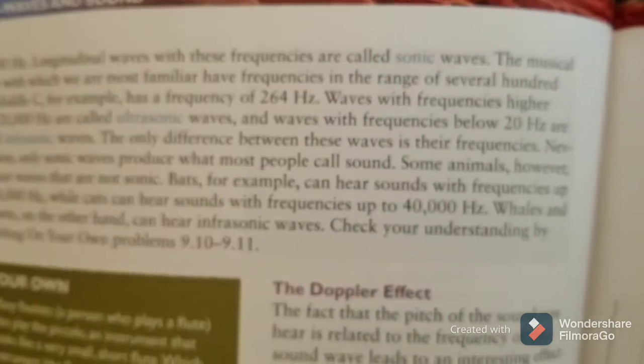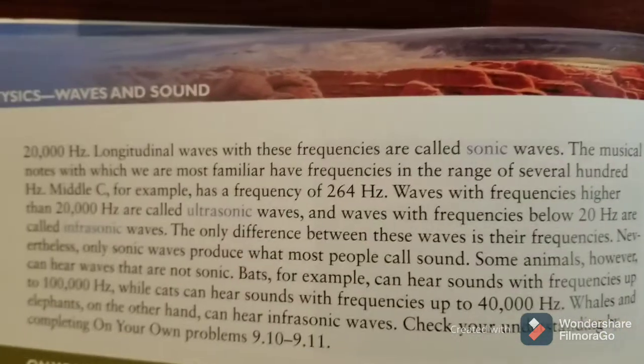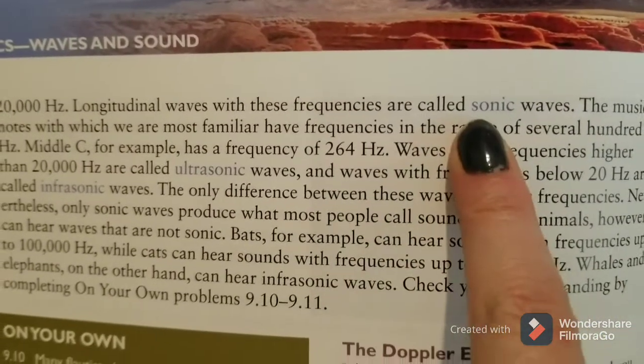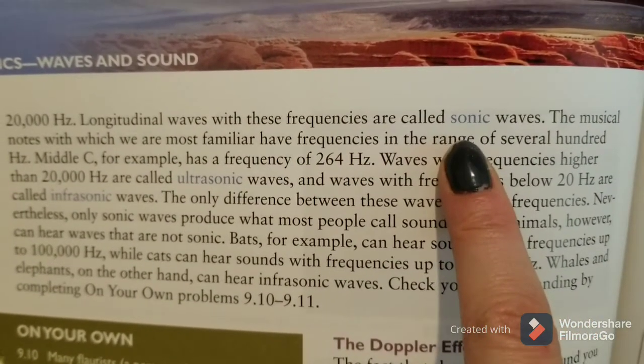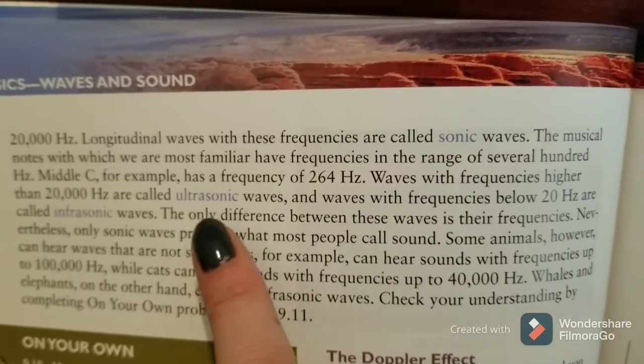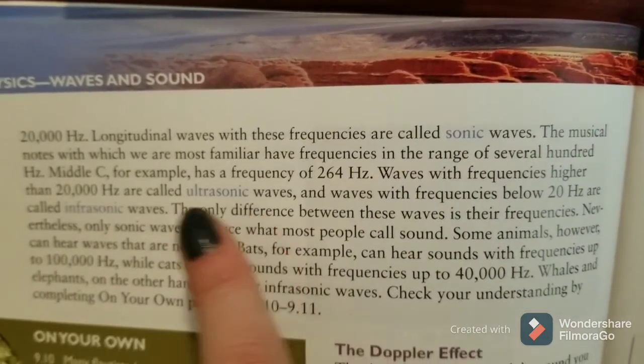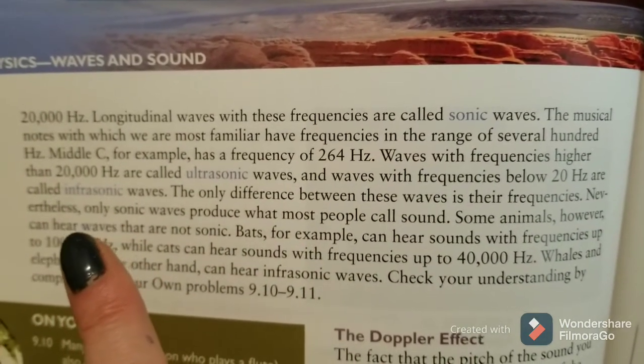So we've got three kinds of waves, okay? We've got sonic waves. I'm going to just look at the text here. Sonic waves are the ones you can hear, and they are longitudinal waves. And if they are lower, they're waves that we can't hear. That's what you need to know.